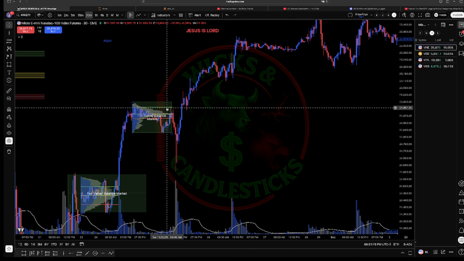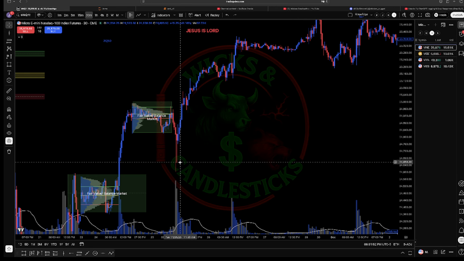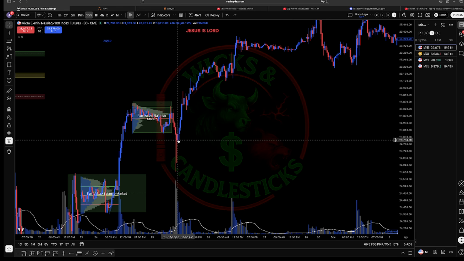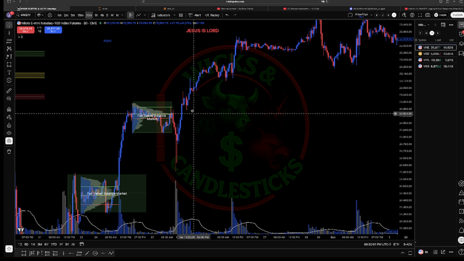It came to the value area high, and you look for sales. You see how price sold down at the value area high. Price came back up, and what did it do?